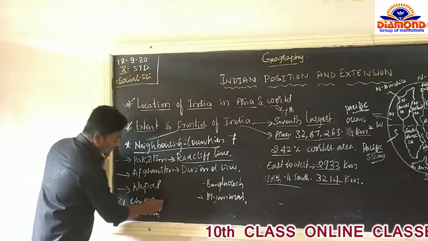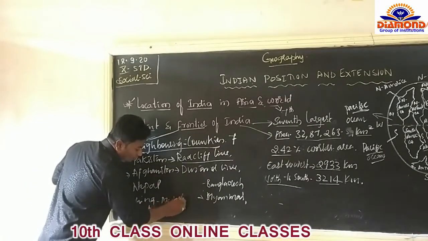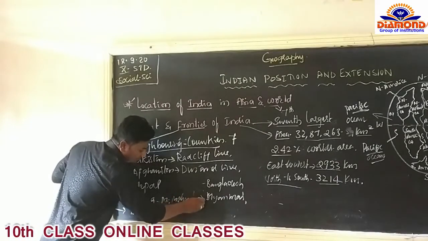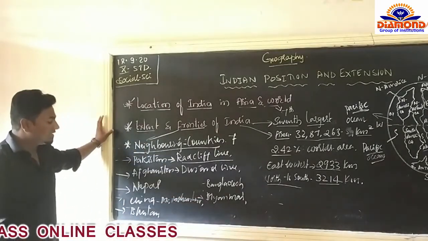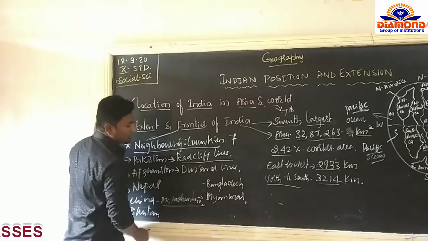So with China, there is the McMahon line. You know, India always has trouble with the McMahon line and the Radcliffe line.